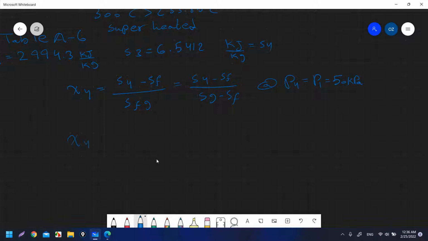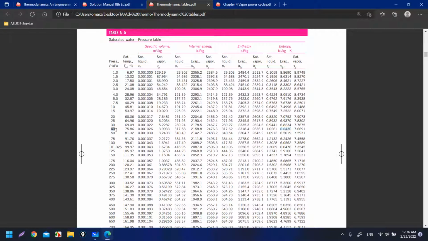So X4 is equal to S4, 6.5412, minus SF, 1.0912. This one at 50 kilopascal, so you will take this row: 1.0912 and 6.5019.